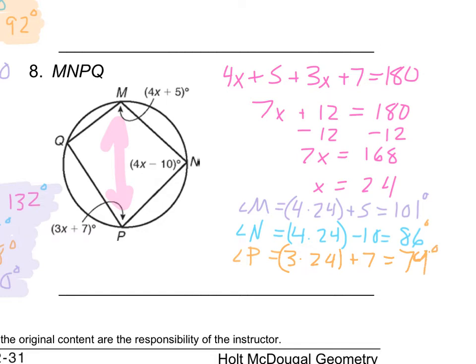And then last, we're looking for angle Q. We don't have anything to plug in to find angle Q, but we know N and Q are supplementary. So we do 180 minus angle N, so minus 86, and we get 94.